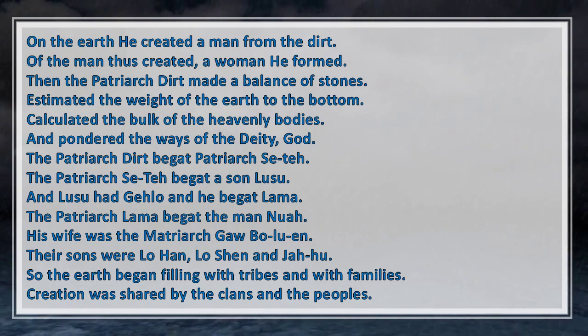And the patriarch Lamah begot the man Nuah. His wife was the matriarch Ga-Bolin. Their sons were Lohan, Loshen, and Jahu. So the earth began filling with tribes and with families. Creation was shared by the clans and the peoples.